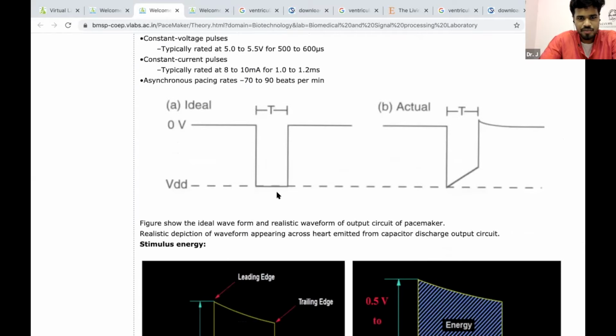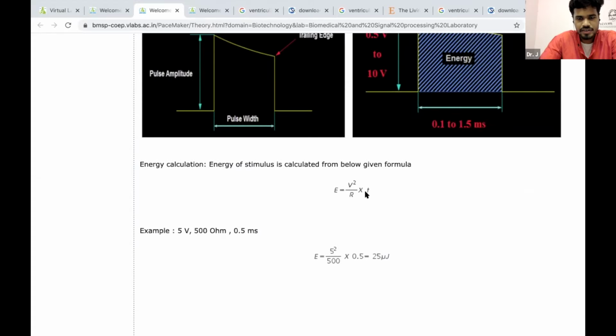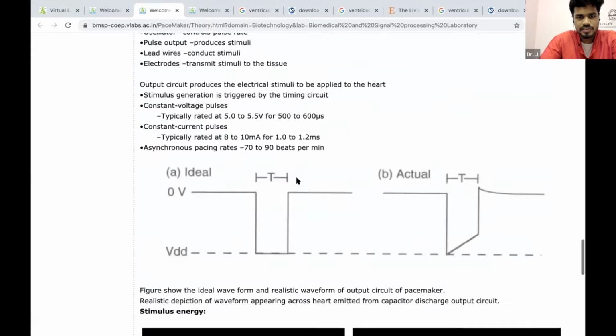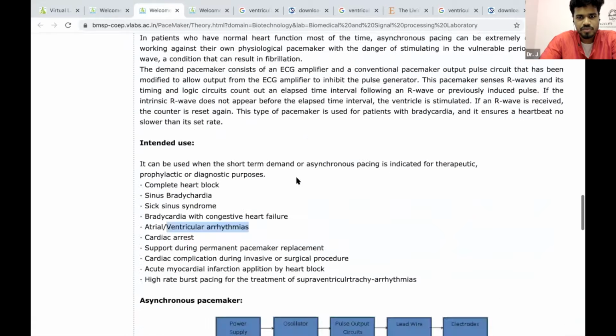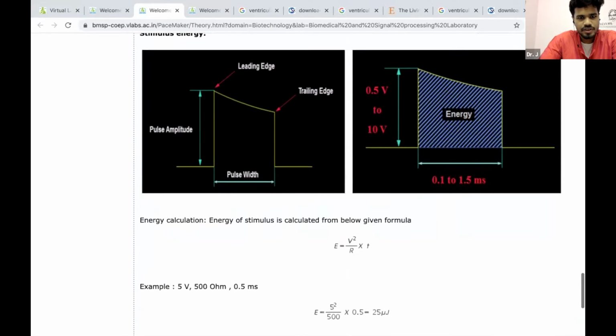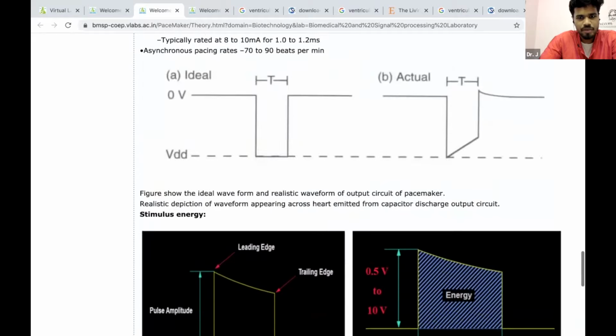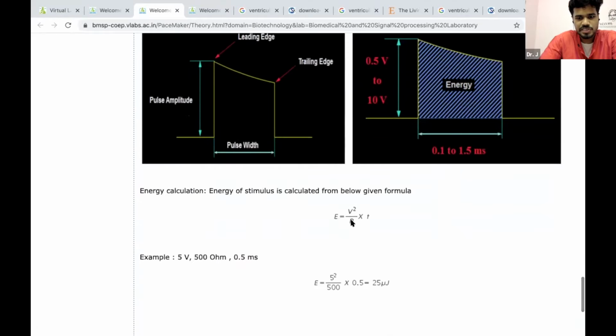Ideally, you want to apply a voltage like this, but due to some finite resistance, you end up applying a voltage that decays with time. Again, here we have a voltage and a resistance. We almost apply a constant voltage and see what happens to dissipation in a resistor.